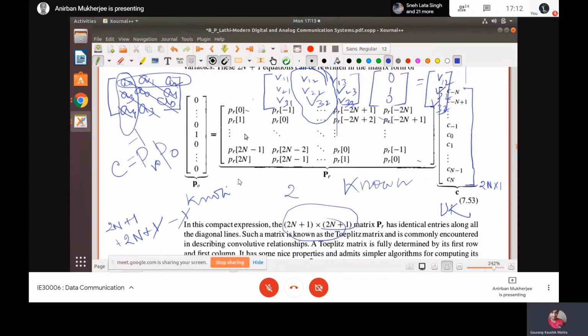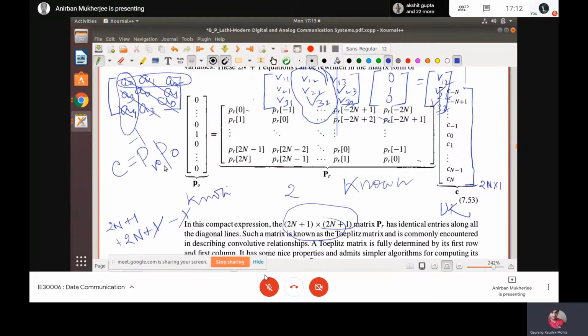a Toeplitz matrix can be characterized by the first column and the first row. And we can easily calculate PR inverse as an iterative process, because otherwise a normal inverse can also be done, but it will be O(N cubed) computation.